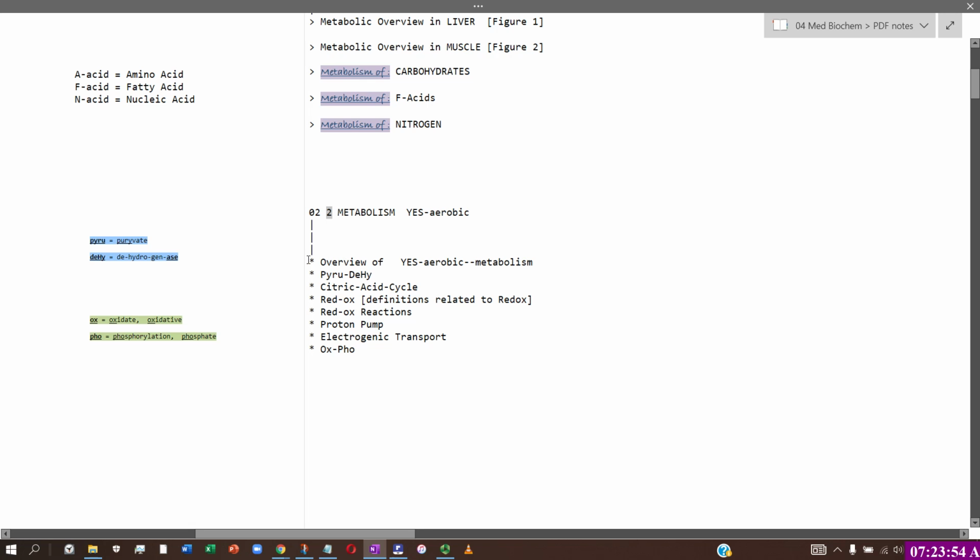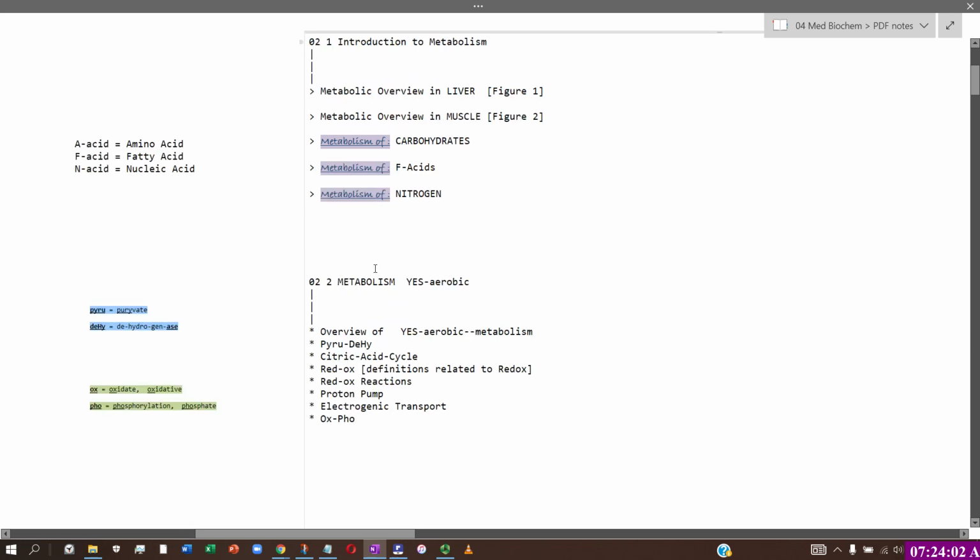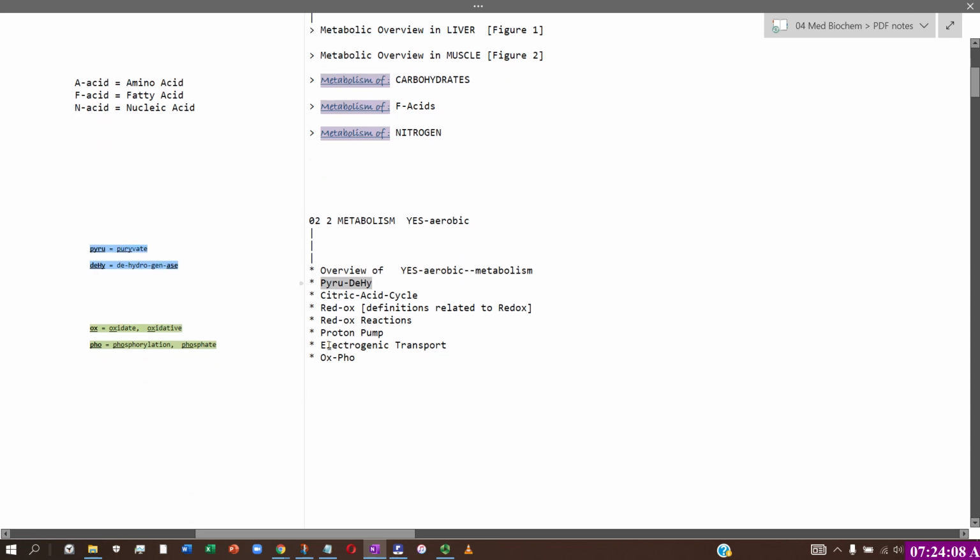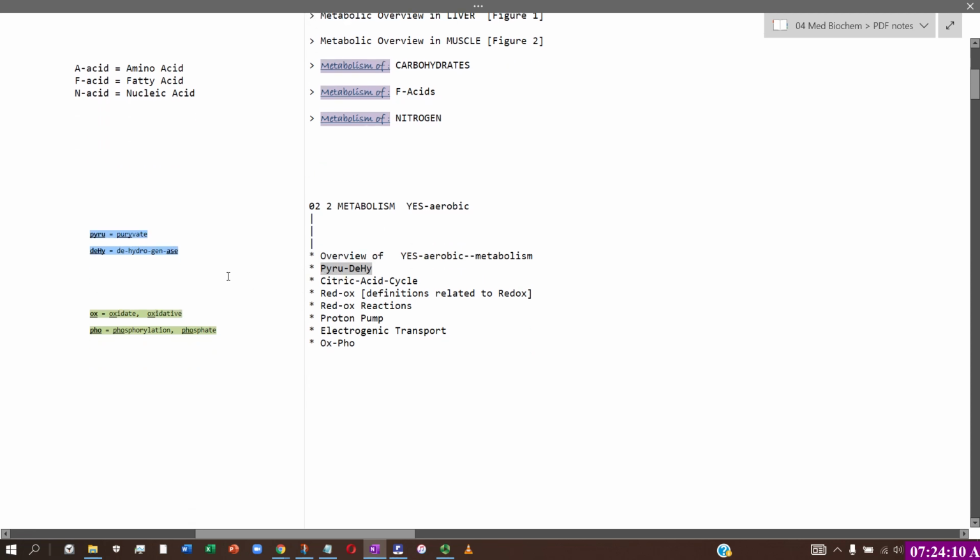The first subtopic within PDF file number 2 is overview of aerobic metabolism, and then we cover pyruvate dehydrogenase, which I shorthand as pyrudihy, and a lot of times I'll also write it as just PD.